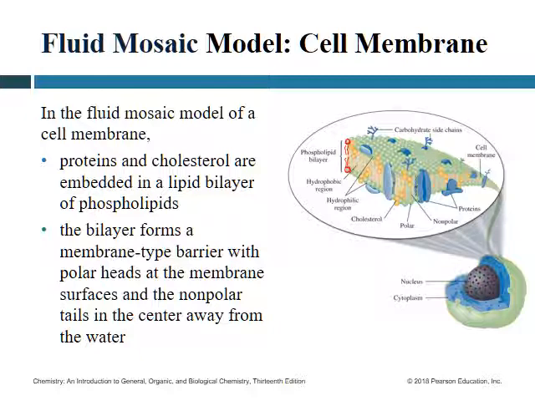Because the outer layer of the phospholipid is in contact with the external fluid which may be polar, and the inner layer is in contact with the inner content of the cell, right, which may be polar too, like water and some kind of polar liquid, right?